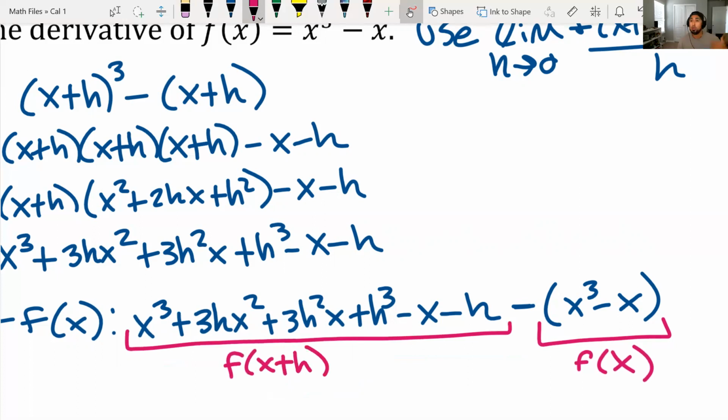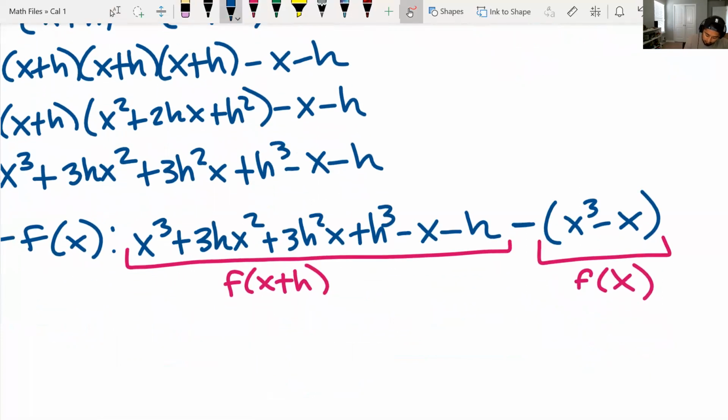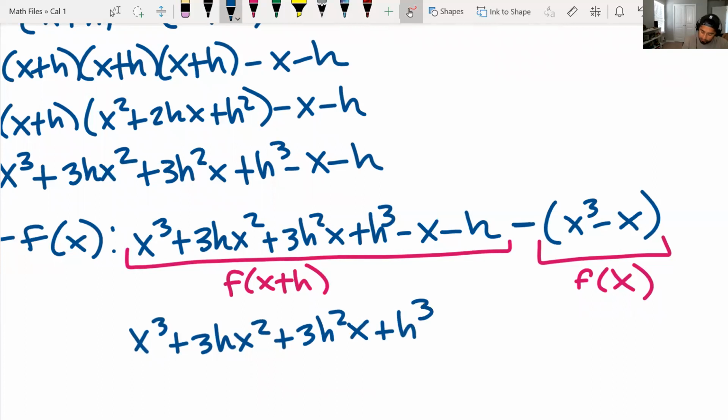Okay. Distribute the negative, and let's simplify. x cubed plus 3hx squared plus 3h squared x plus h cubed minus x minus h minus x cubed plus x.